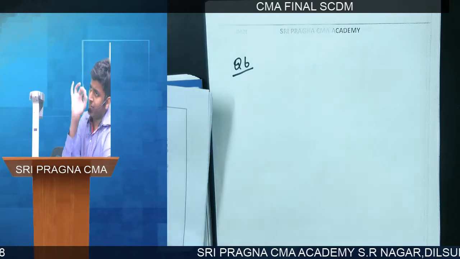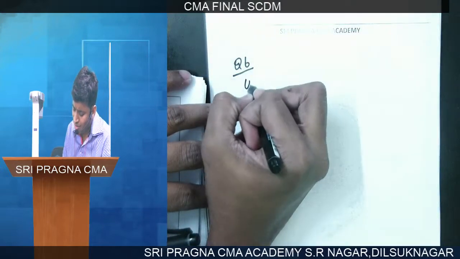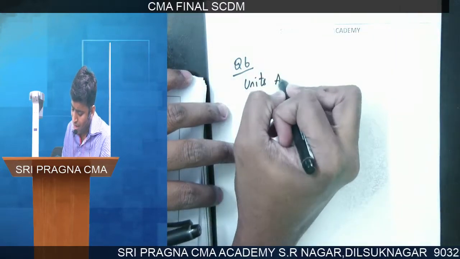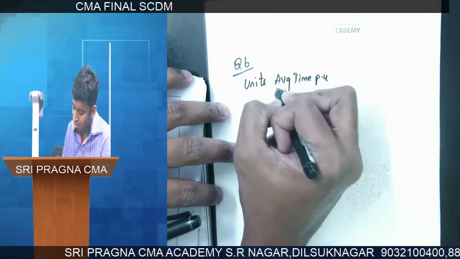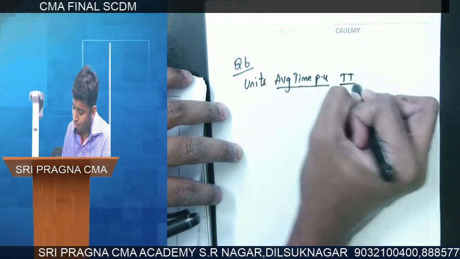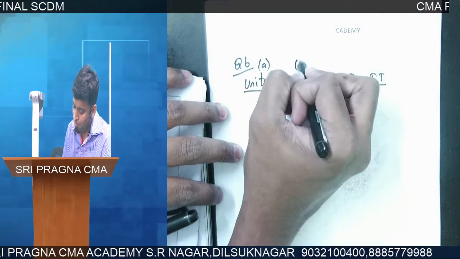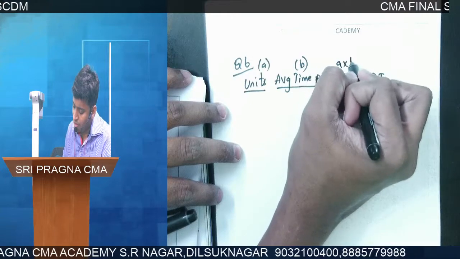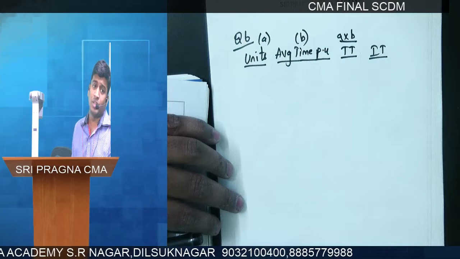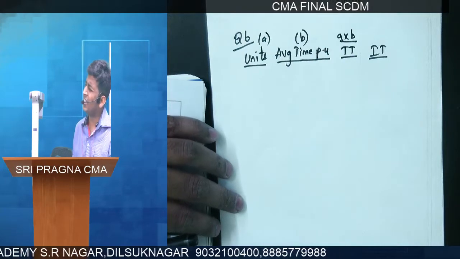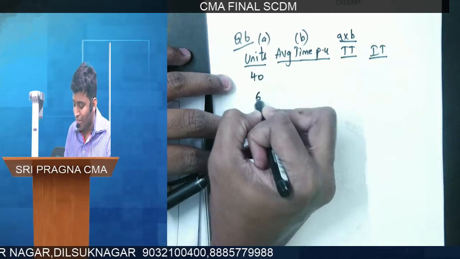Now give me the headings of those columns which we did. Units, average time per unit, and what else? Total time, incremental time. A into B, that was it. Now what is he asking? Time from units. So I will calculate for 40 and 60.